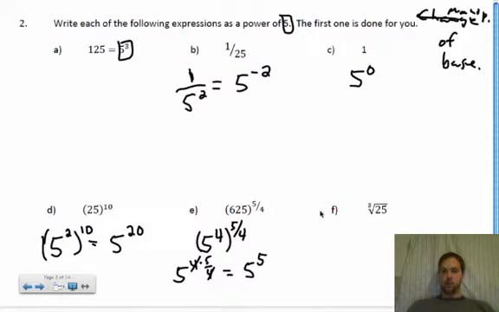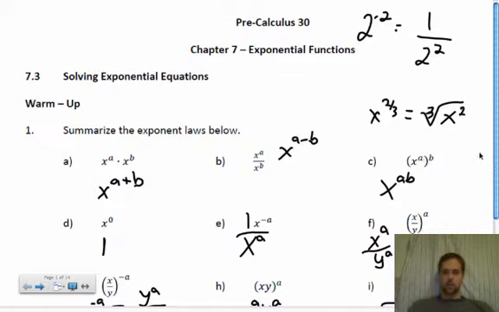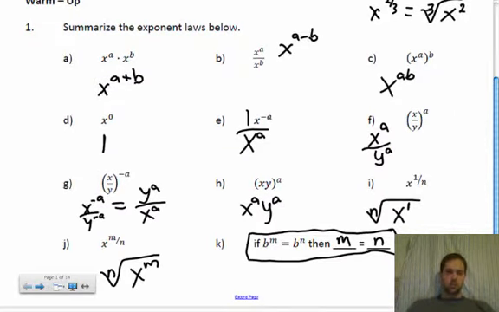The cubed root of 25. So the cubed root, let's write this as 5 squared. Now, if we go back and look at our law back here, this is the one in question.